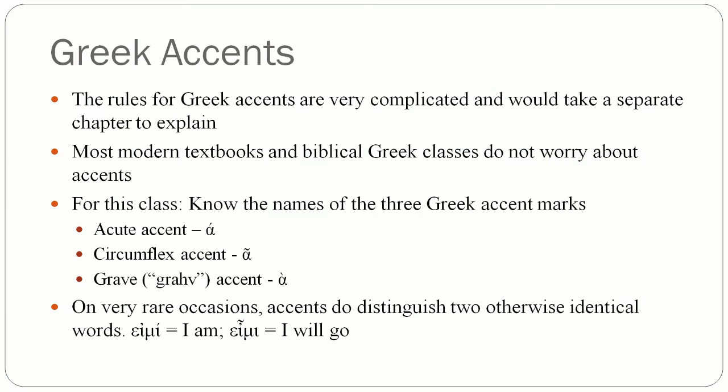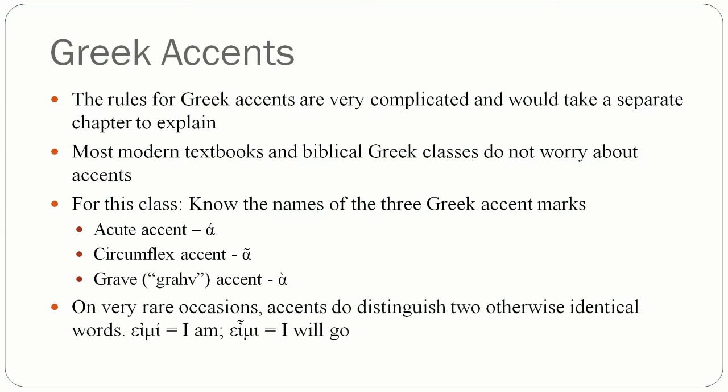If you've ever heard somebody speaking Chinese, Chinese is probably the most widespread language with a tonal accent, where they raise the tone of their voice to indicate the accent, and different tones can actually mean different words. We have lots of Chinese people at our church, and they've been telling me about this.